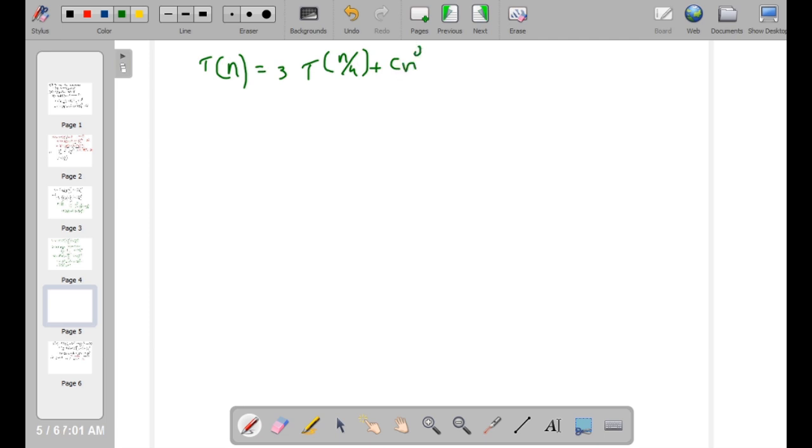I can write it as cn square. Okay, so the tree will be n, then n will become 3 T n by 4, so 3 n by 4 problems.